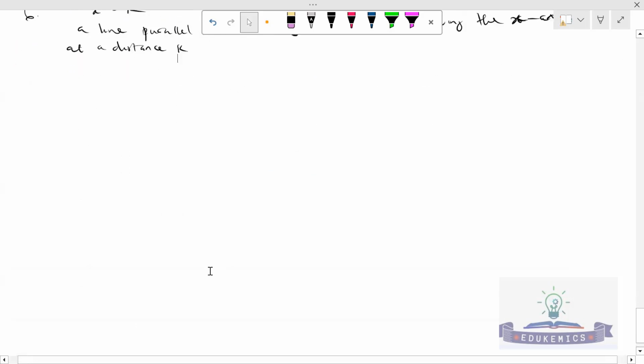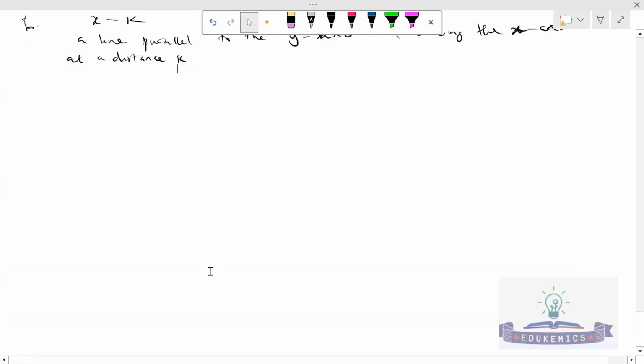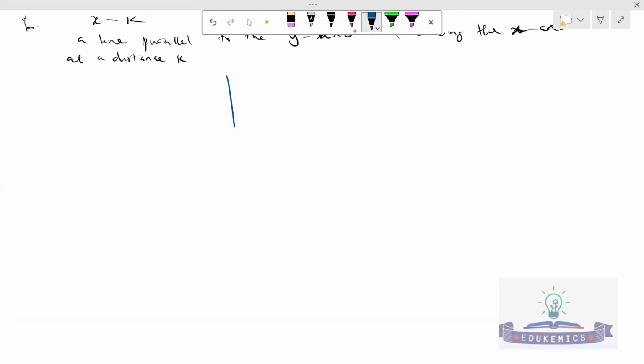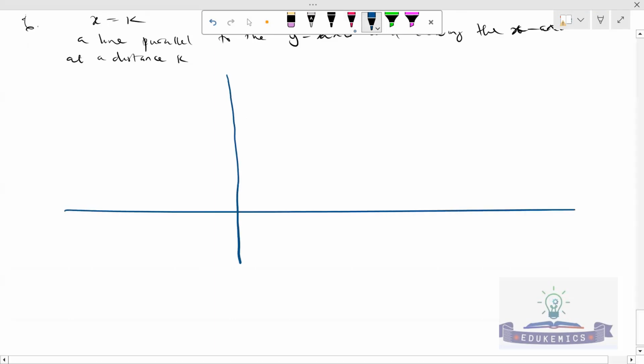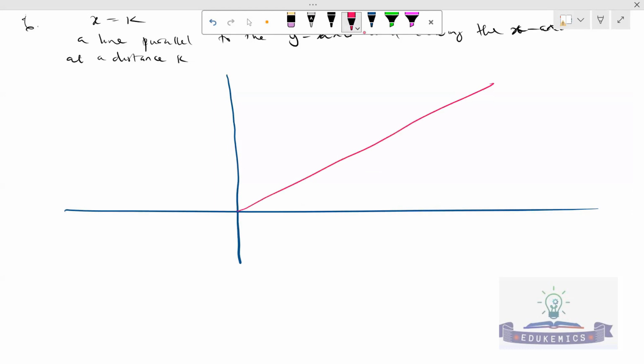So let's summarize all these points. If we have our graph like this, when the angle is 45 degrees, we have the equation y equals x.